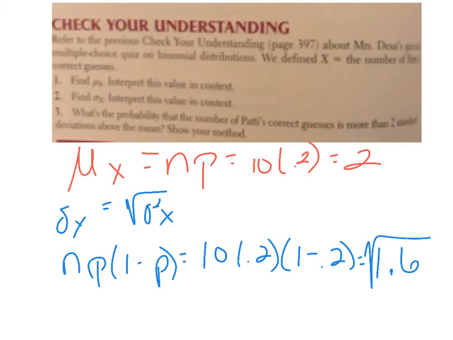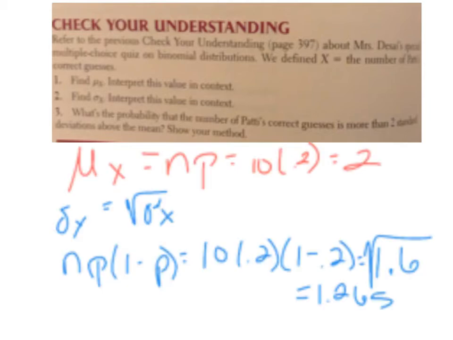When I take the square root of that, I get a standard deviation of 1.265, which in context tells me that if many, many students took the quiz, the number of correct answers would vary from 2 by about 1.265 answers.